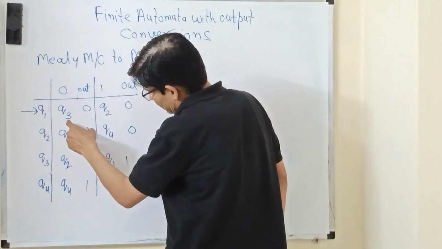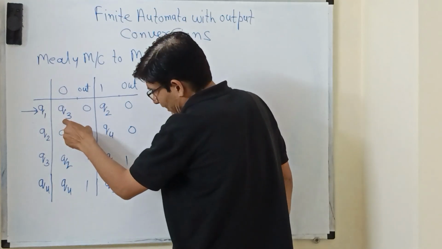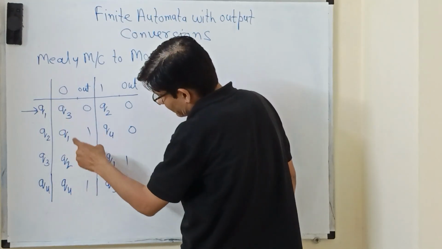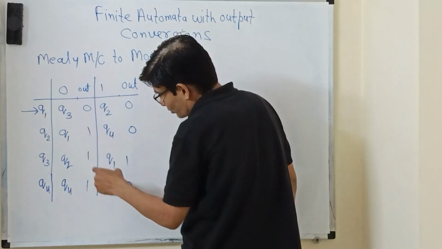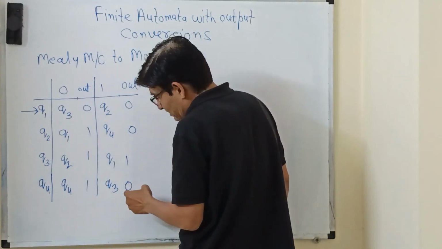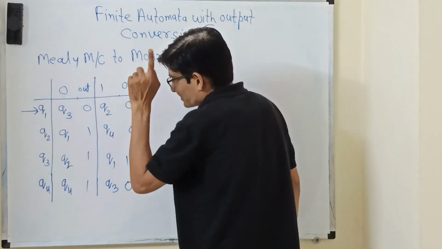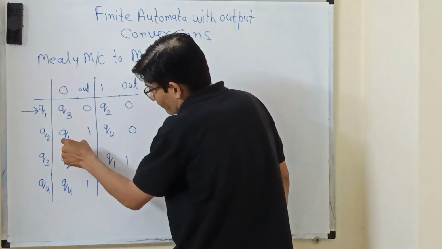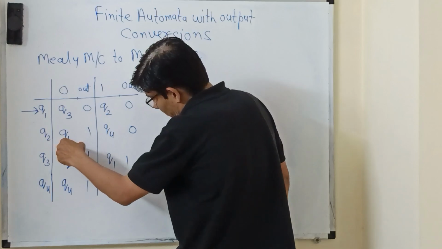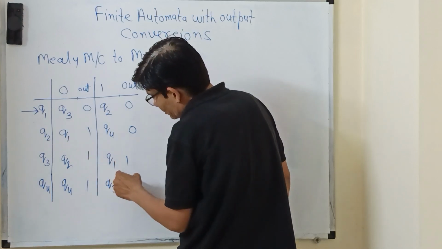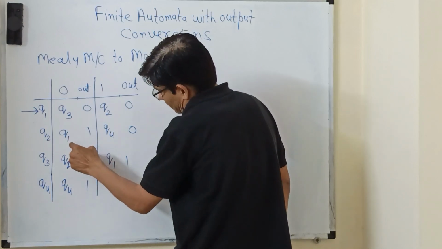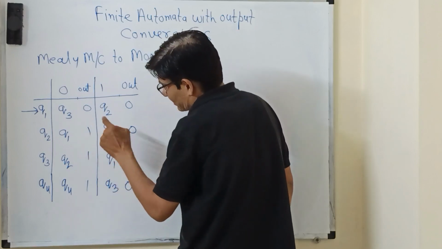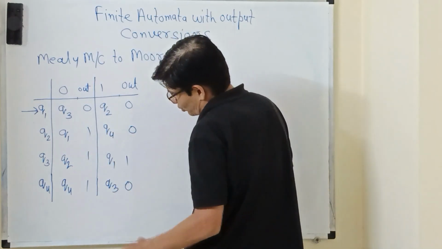Here I have Q3. How many entries are there for Q3? Only two entries are there for Q3, and each time with Q3, 0 is associated. So no problem is there. Then on Q1, we have two entries of Q1, and every time 1 is associated as output with Q1.